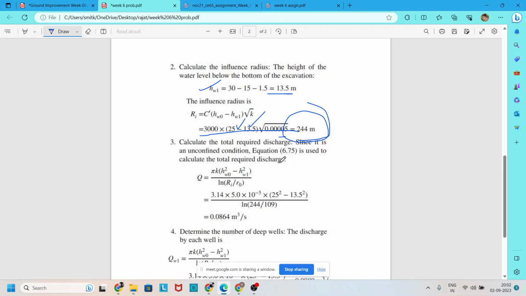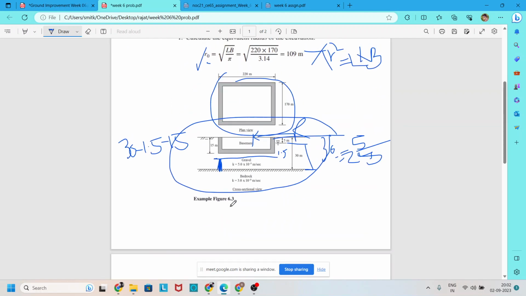After finding the influence radius, we find the rate of flow for the pumping of this excavation. To find this rate of flow we need the unconfined aquifer formula, because the whole arrangement is given for an unconfined aquifer, or unconfined permeable soil.